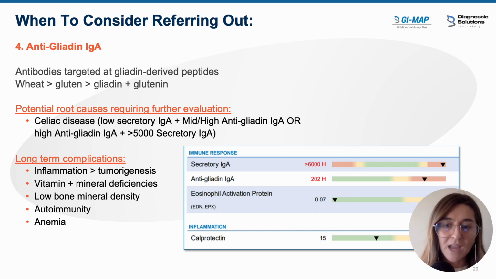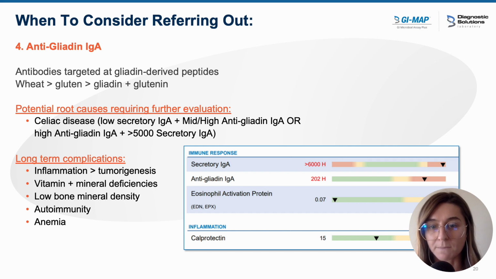So there are two patterns for me that raise concern that celiac disease could be at the root of an elevated anti-gliadin level. If you see a really low secretory IgA with a moderate to high anti-gliadin, that should immediately start triggering for you that celiac disease could be present, because even with reduced immune capacity, we're still mounting a significant response.